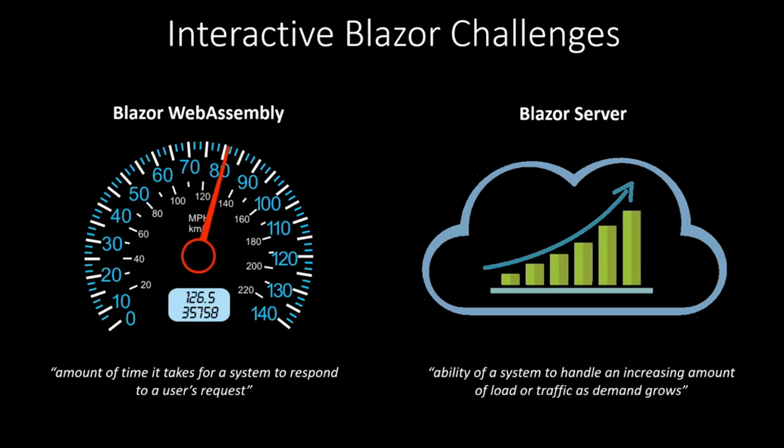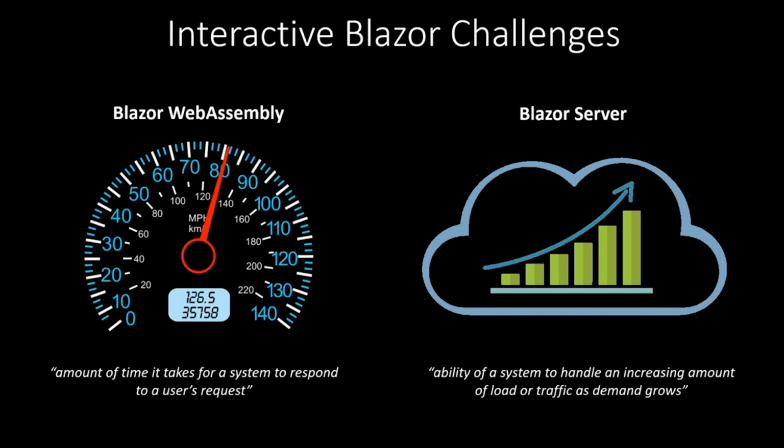Let's say you're building a public-facing website, and you have a lot of anonymous users coming to your website. Every single one of those anonymous users would take up some space on your server, or consume some resources in terms of memory. And so memory was a bit of a gating factor when it came to Blazor Server. Because of that, it had some scalability limitations.